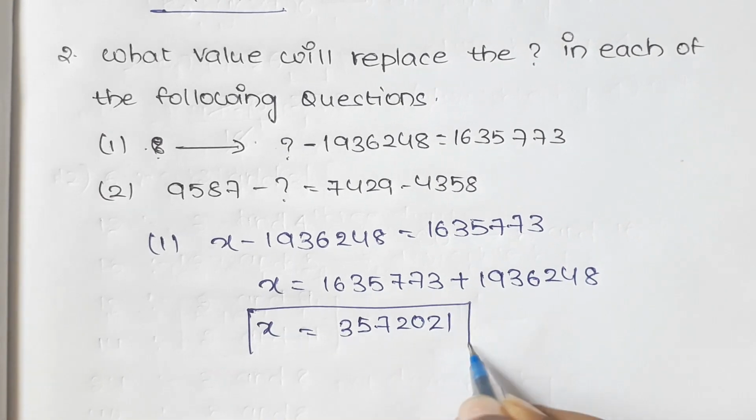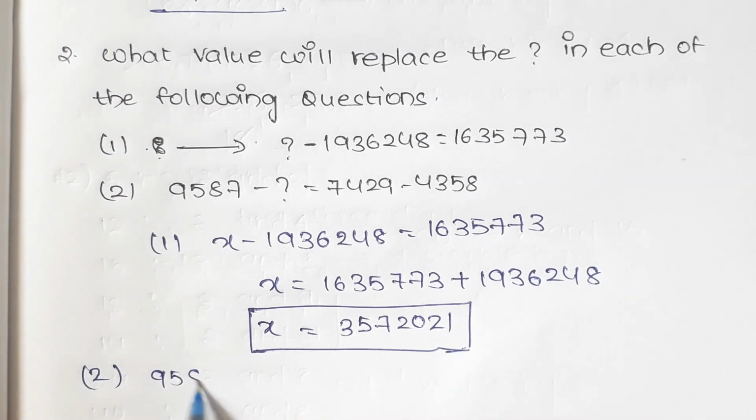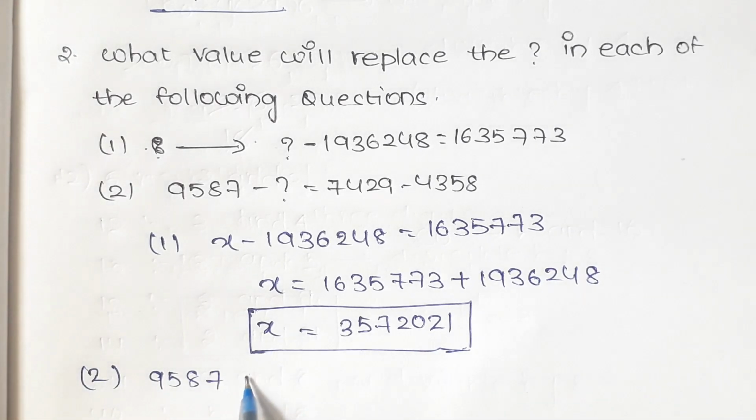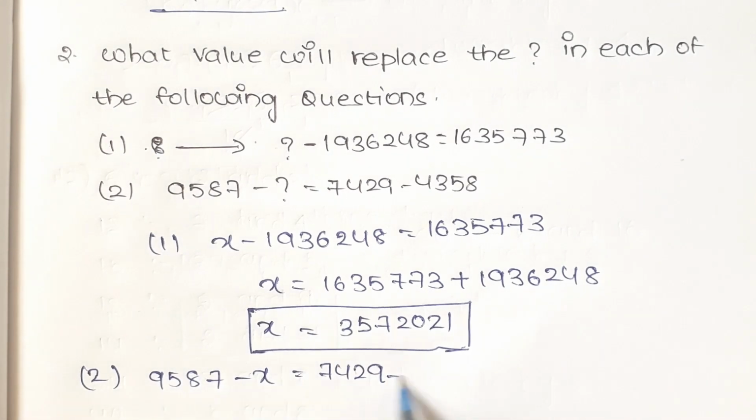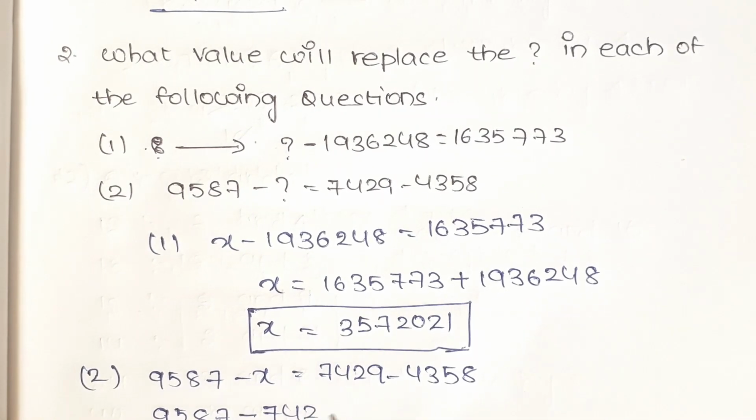And the second one is also similar, that is 9587 minus x equals 7429 minus 4358. Here in place of x we should take this, that is 9587 minus 7429 plus 4358 equals x.